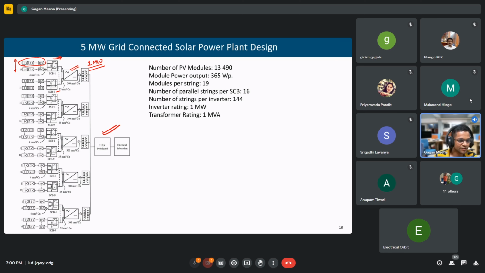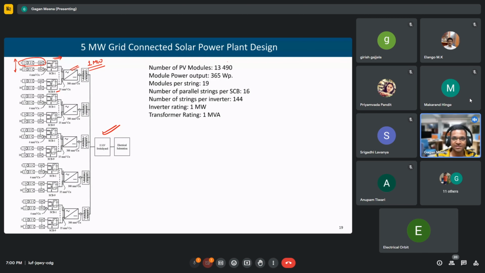Then it is connected to an 11 kV switch. If it's a very huge power plant, like the 2 gigawatt we saw, then it will be connected at a very high transmission system level.